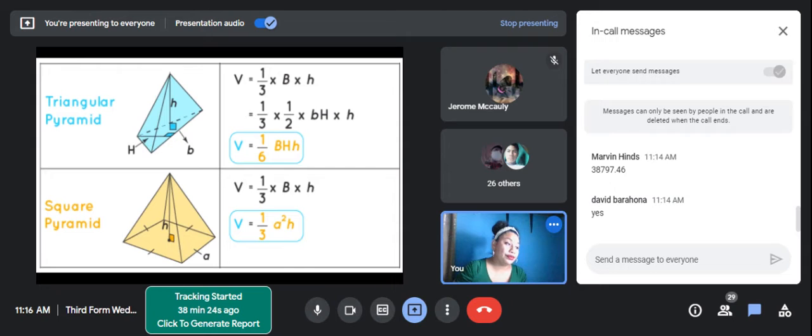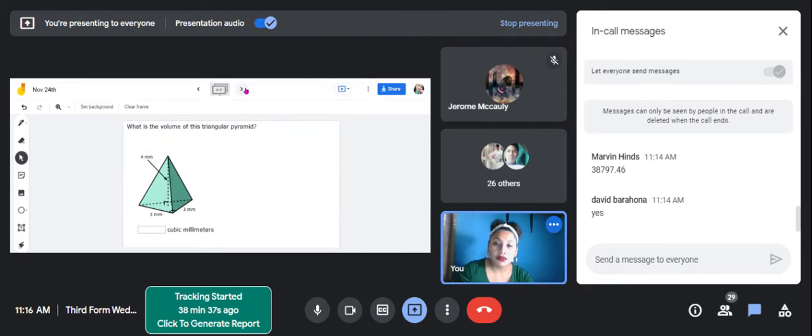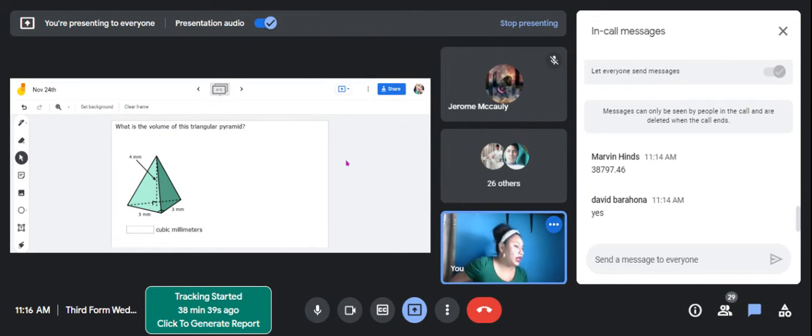Everybody has that? Yes, miss. Okay. What is the formula for volume of a tetrahedron? Somebody read it.